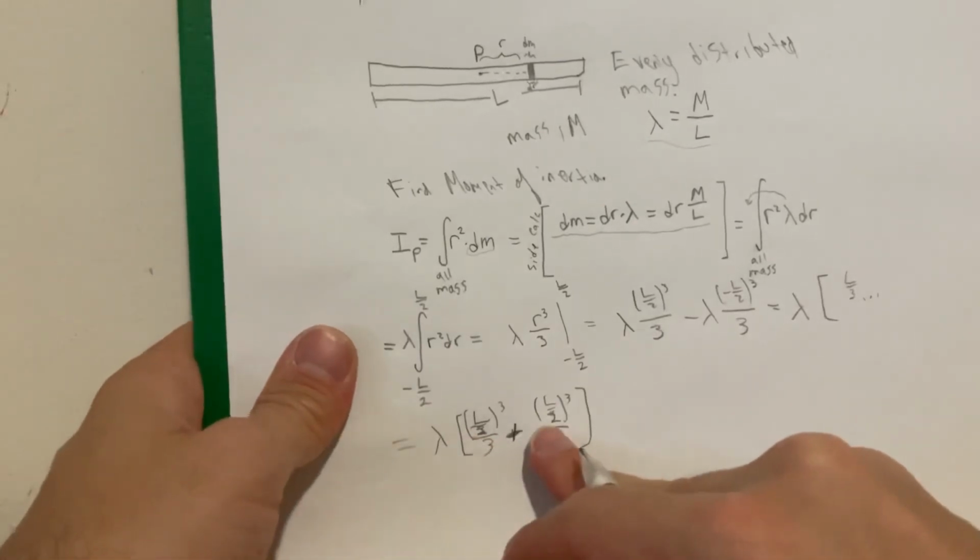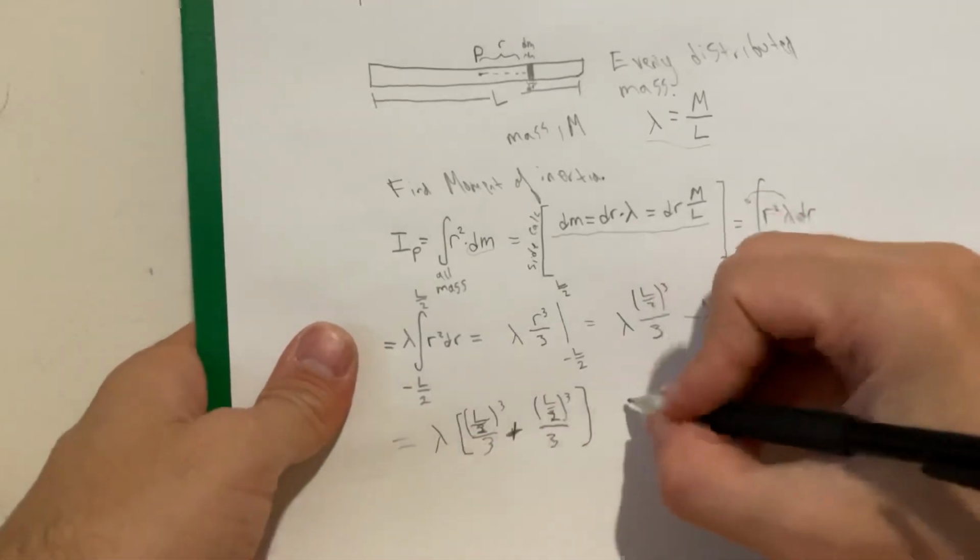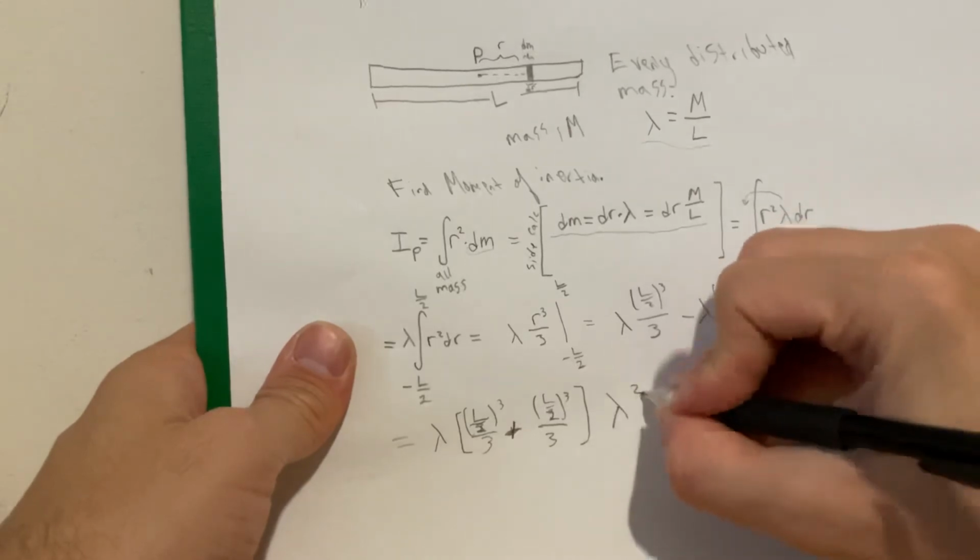Since these are two pieces of the same thing added together, you get 2 times that. So you get lambda times 2/3.